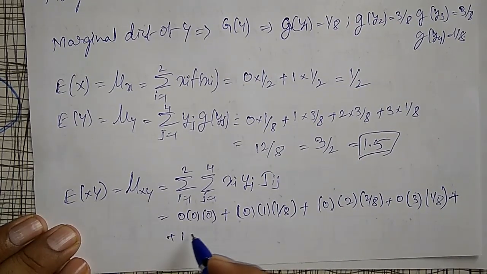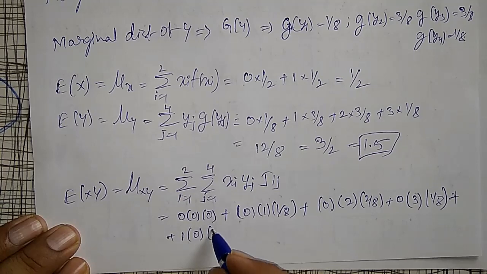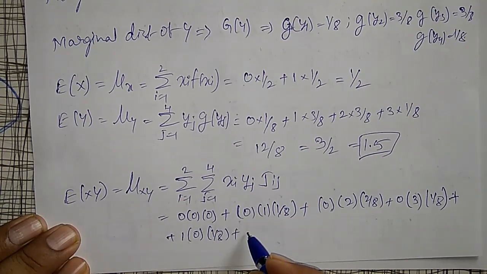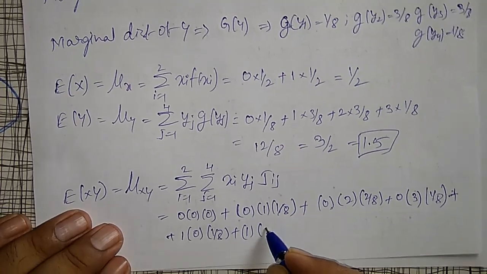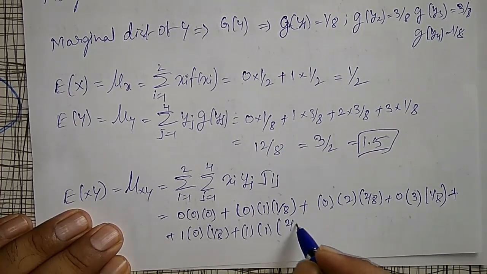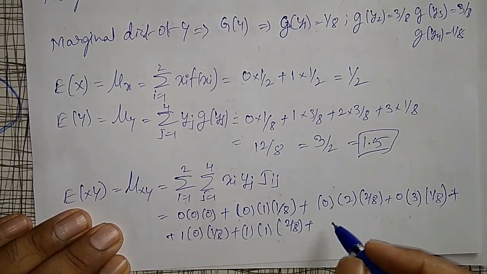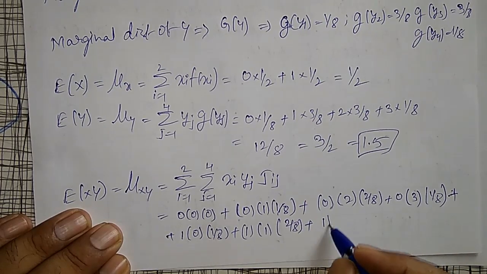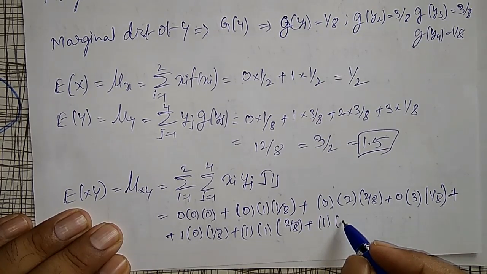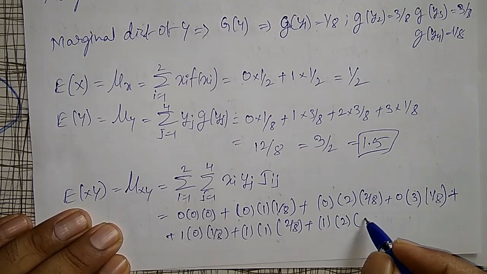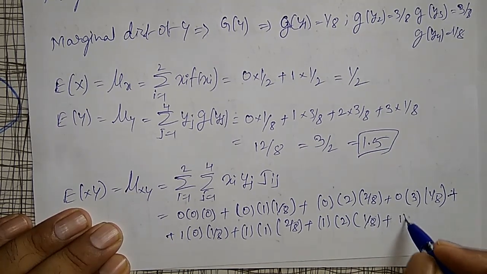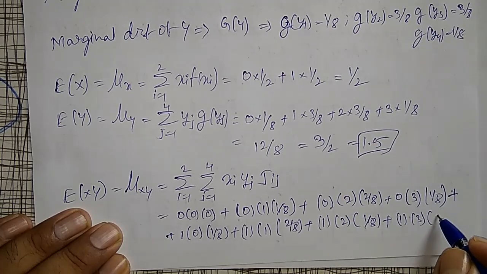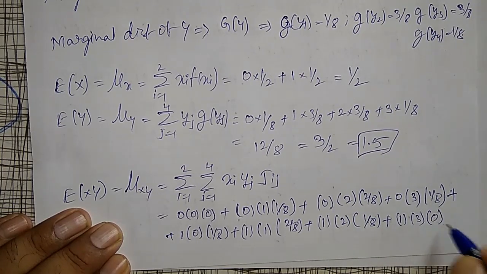1 into 0 into 1 by 8 plus 1 into 1 into 2 by 8 plus 1 into 2 into 1 by 8 plus 1 into 3 into 0.